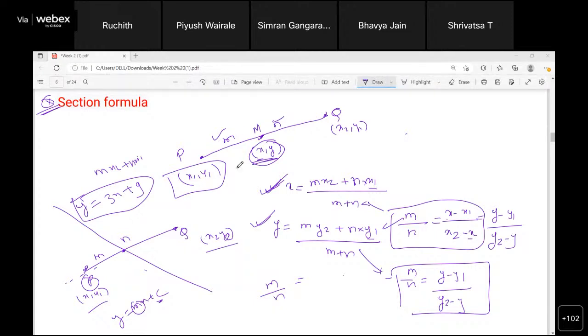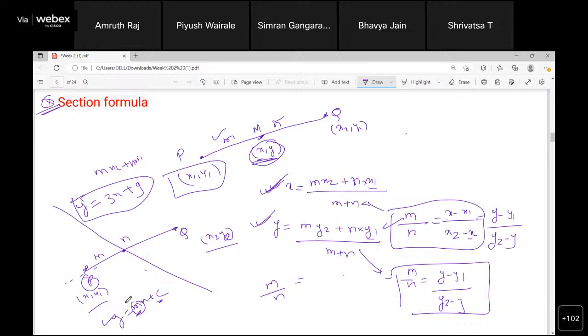So what I'm saying is that the slope is given, or we will find the slope through these points. If we are given 2 points, we can find the slope, or directly by using the 2 point formula we can find the equation of this line.